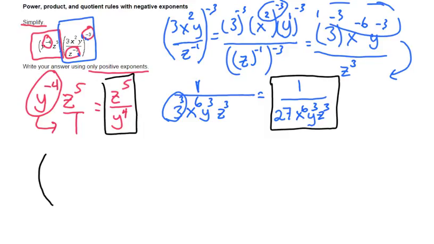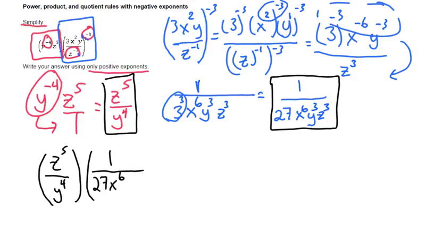I'm going to multiply these together and see how my terms can be multiplied. So I have z to the fifth power over y to the fourth power times 1 over 27 x to the sixth power, y to the third power, z to the third power. Now, what do I have in common? Well, I have a z to the fifth here and a z cubed here.